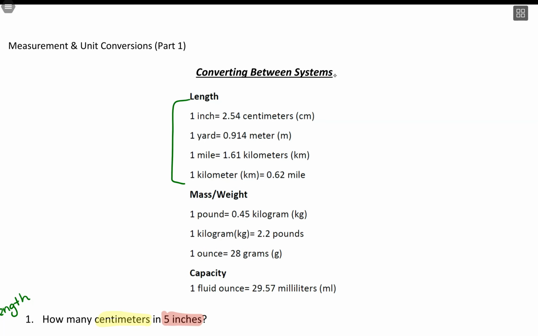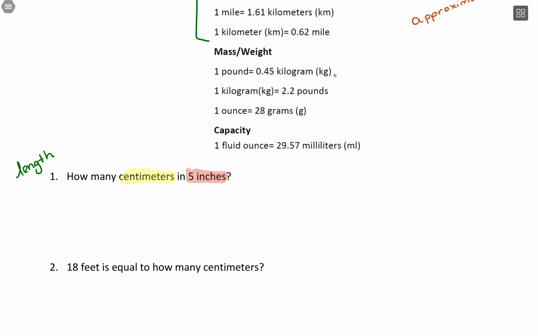So I'm going to look at length, and there is a relationship between 1 inch and 2.54 centimeters. Now, something to keep in mind is that all of these are approximations. These aren't exact, so what we're getting are definitely estimations of what they would be equal to. All right, so with this, we're going to go back to our unit fractions for the conversions.